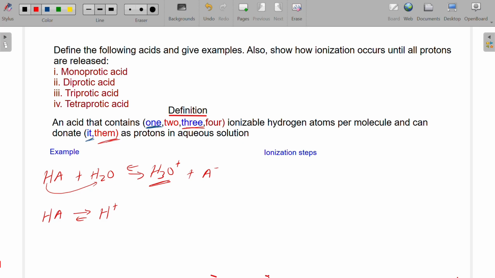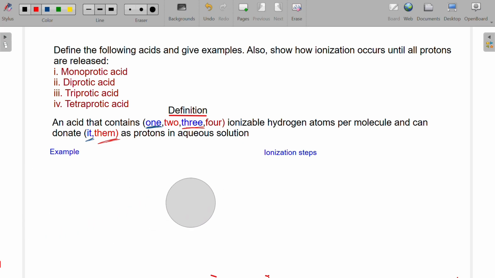So H plus ions are the same as the H3O plus ions. They represent the same. Then this will be added to A minus. So this is a full representation of the dissociation, and this is the simple representation of dissociation. So this is for a monoprotic acid.